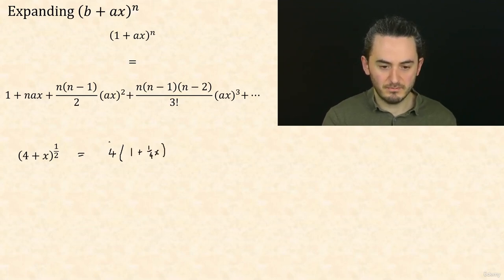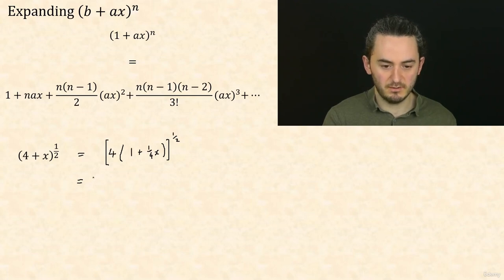And then just remember, it's this entire thing to the power of a half. So I've just factorized out 4 from this bracket to give me 4, 1 plus a quarter x, and it's the whole thing to the power of a half. And now I can just apply that power of a half to the 4 and the bracket.